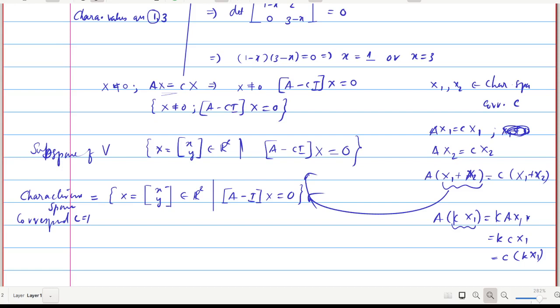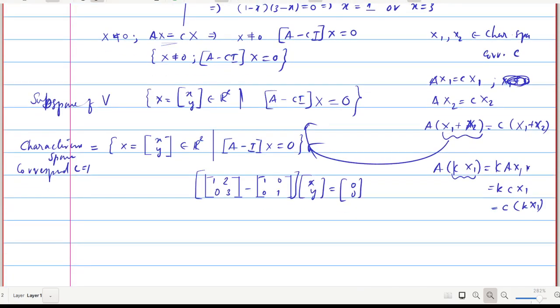Okay, now you will find the characteristic space corresponding to 1 here. How will you find the characteristic space? You need to find the solution space of this equation. In this case A is [1, 2; 0, 3] and I is [1, 0; 0, 1], and we have (A minus I) times (x, y) equal to 0, where 0 means the vector (0, 0).